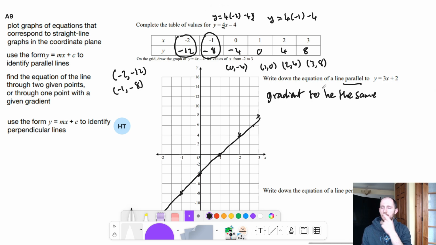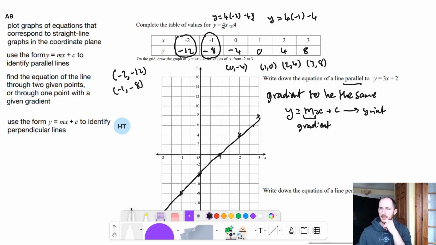Okay? So, how do I tell what the gradient of a line is? Well, you use the equation y is equal to mx plus c. M, so the number in front of x, is the gradient. The number at the end is something called the y-intercept, which is basically the y-coordinate when it touches the y-axis.